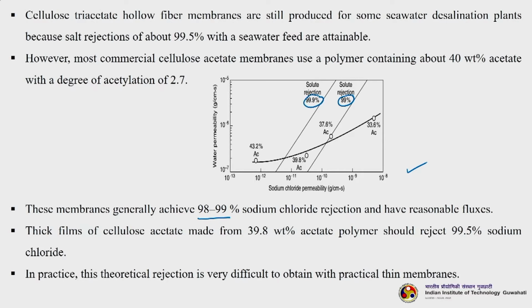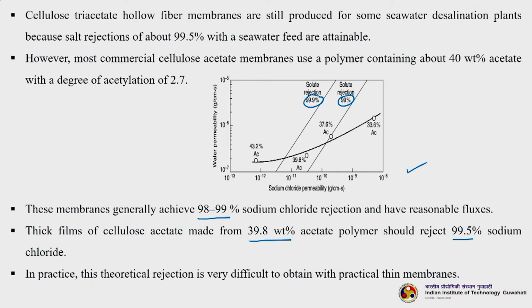with reasonably good fluxes. Thick films of cellulose acetate made from 39.8% acetate polymer should reject 99.5% sodium chloride. So, this has already been proved and commercially adopted also. In practice, this theoretical rejection is very difficult to obtain with practical thin membranes.